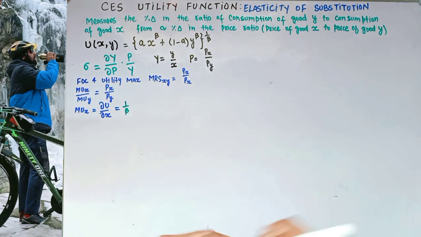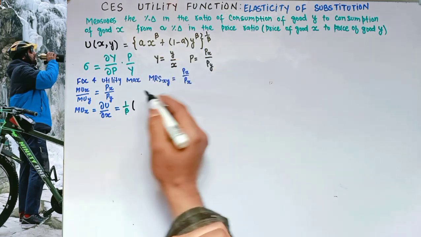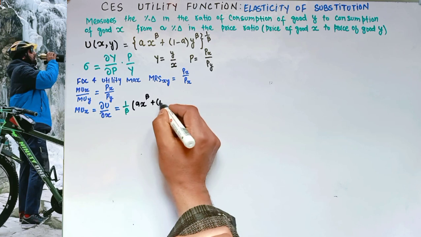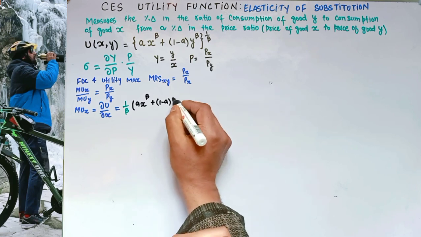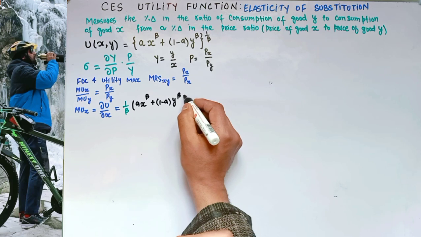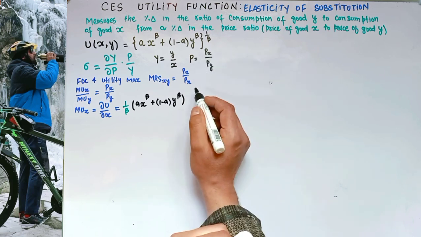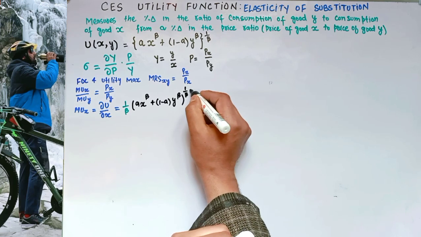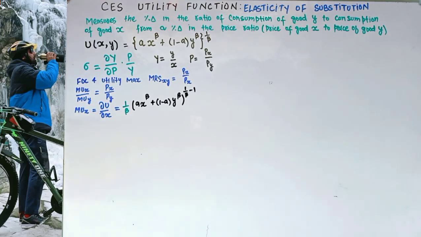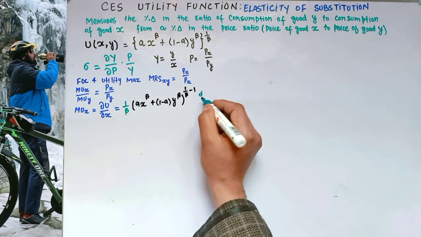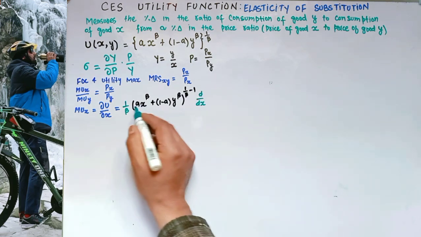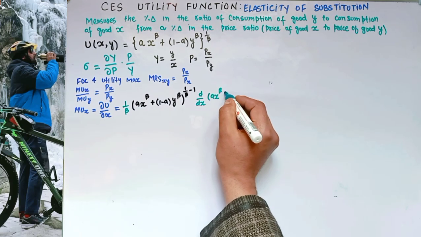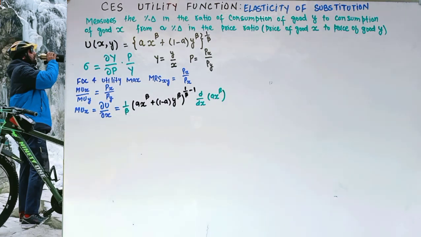Then we have this whole term, A X to the power beta plus 1 minus A Y to the power beta, raised to the power 1 upon beta minus 1 by the power function rule, and using the chain rule, that is d upon dx of this A X raised to the power beta. I hope I am making myself clear here.